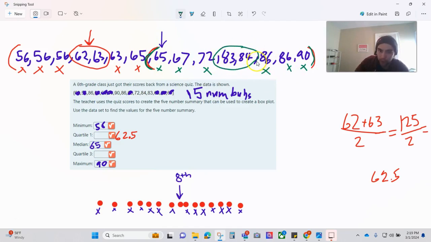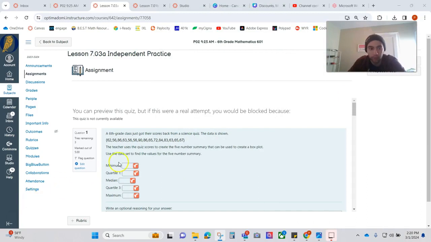What number is between 83 and 84? Nice. 83.5. That's halfway between 83 and 84. If you add 84 and 83 and divide by 2, you'll get 83.5, just like how we got our quartile 1 answer. Yay, we got all our numbers.